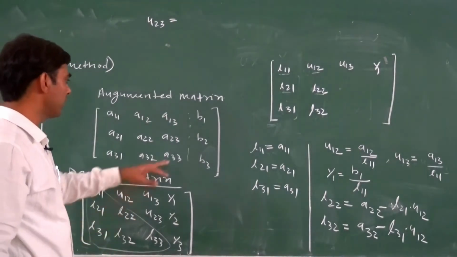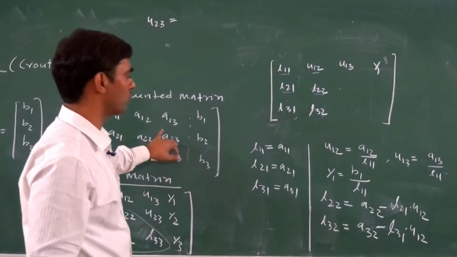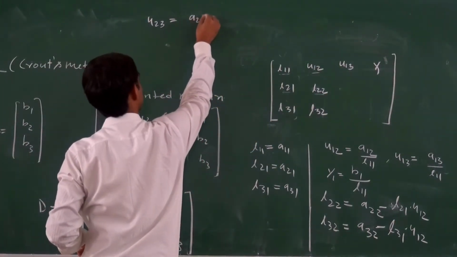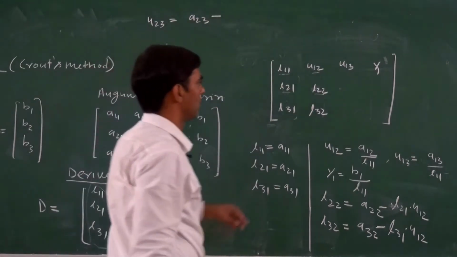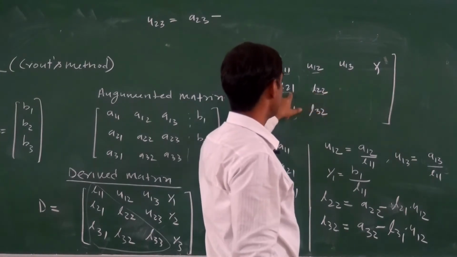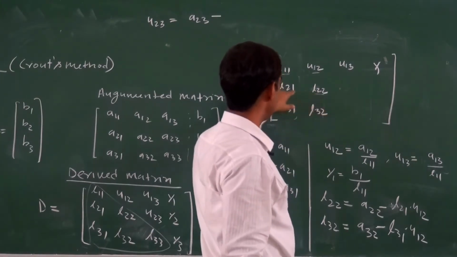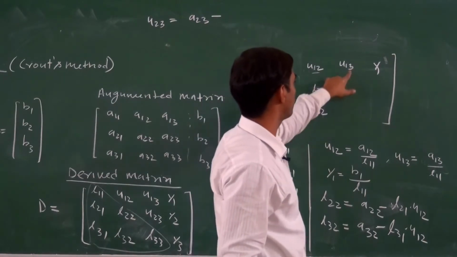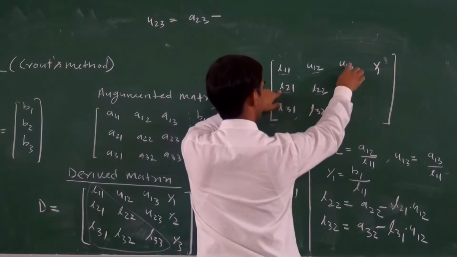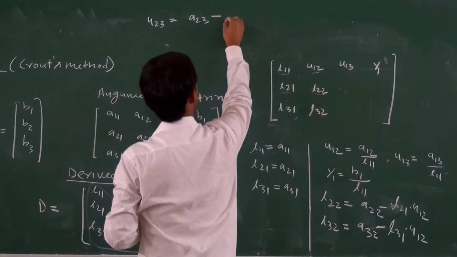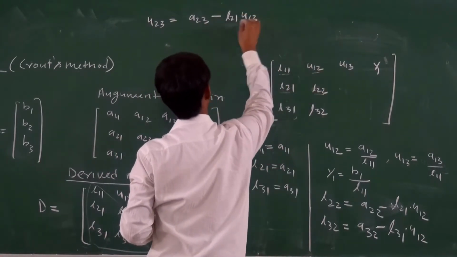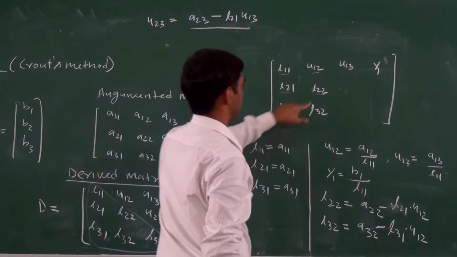Equal to the corresponding value in the augmented matrix, which is A23, minus the inner product, meaning the corresponding element in row L21 and the corresponding element in the column: L21 and U13, divided by the diagonal element.